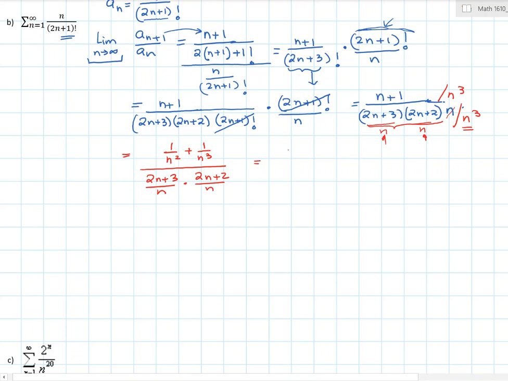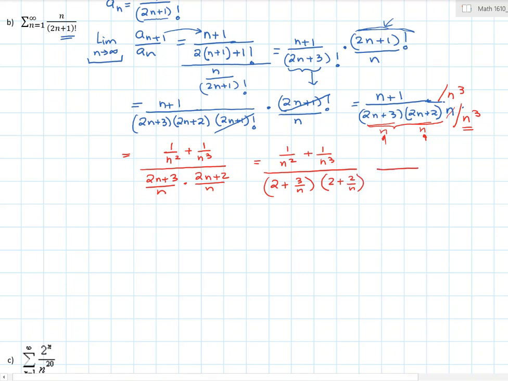Okay, let's rewrite this. 1 over n squared plus 1 over n cubed divided by, now let's divide these by n. So I would have 2 plus 3 over n, and the next term would be 2 plus 2 over n.